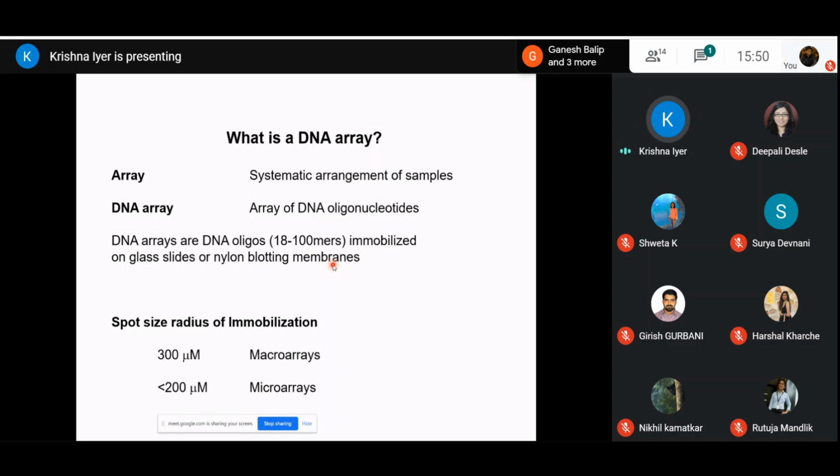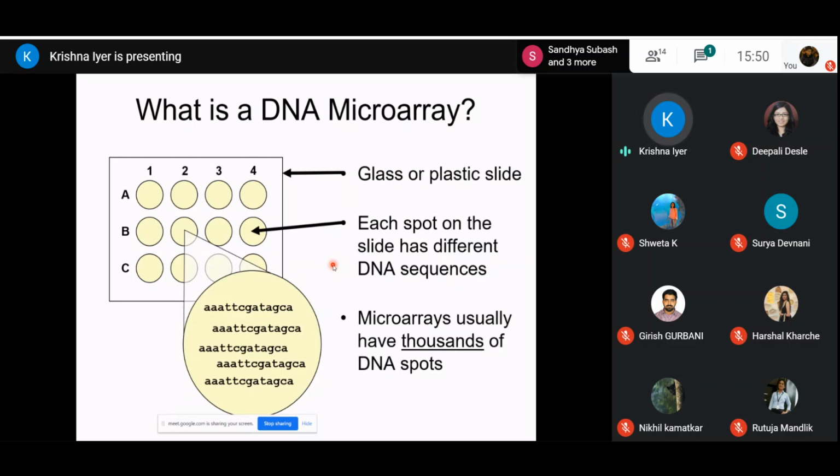Pictorially, it will be something like this. Here are different spots you see on a little slide, and each spot has different DNA sequences. If I were to go to this area here and look at all the DNA present in that area, they'll all have the same sequence, for example, AAATTGCATAGCA.